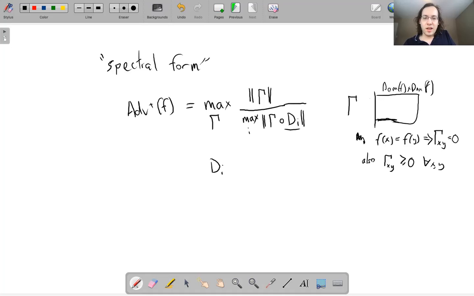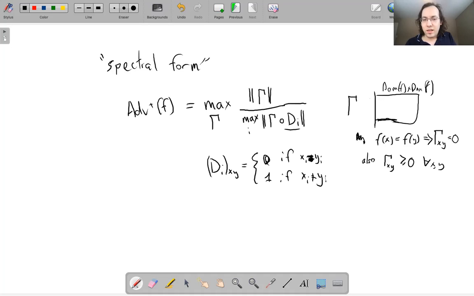But Di as a matrix at position xy is equal to 0 if xi equals yi, and 1 if xi does not equal yi. Okay, so this is Di.